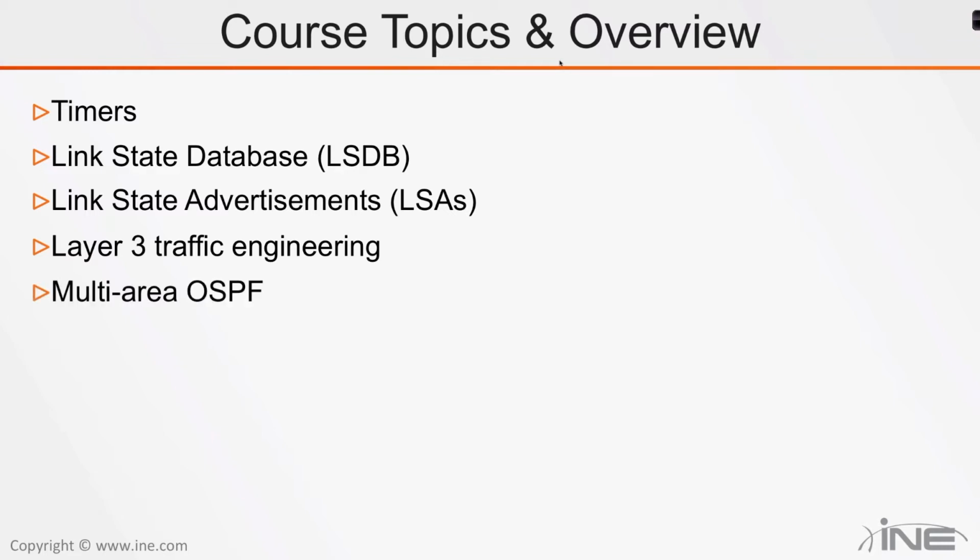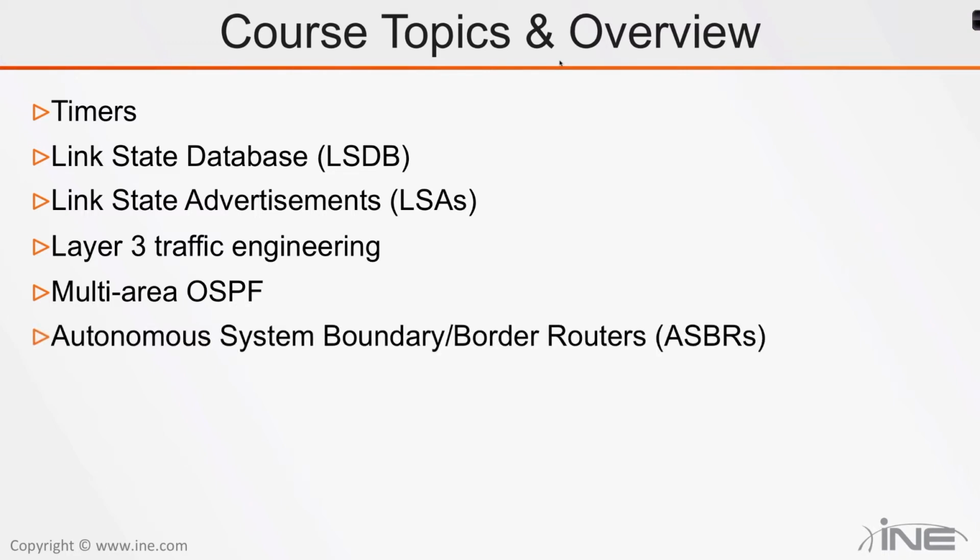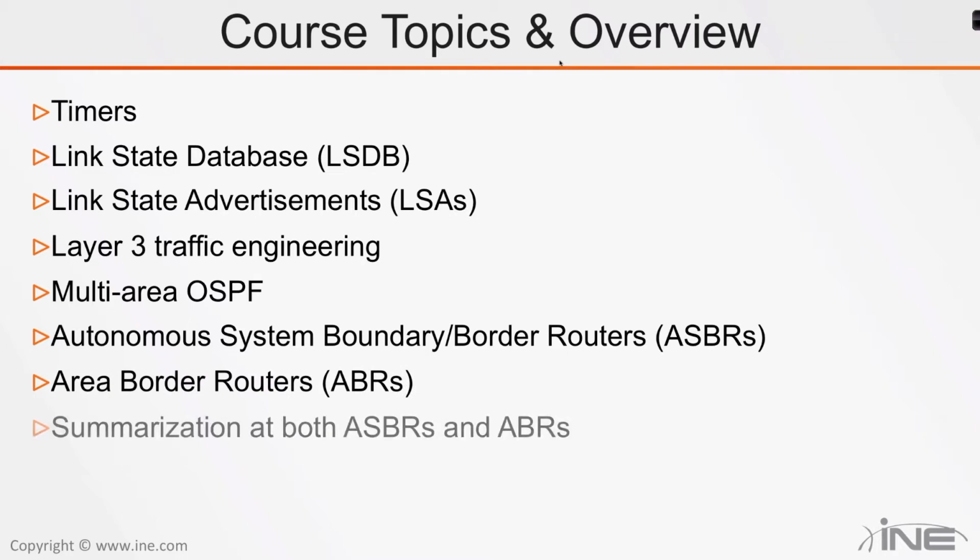We're going to look at layer 3 traffic engineering, definitely multi-area OSPF, autonomous system boundary routers, ASBRs, and area border routers, ABRs. We're going to be doing summarization at both the ASBR and the ABR, and redistribution. One of the topics that is typically a little more difficult is redistribution.